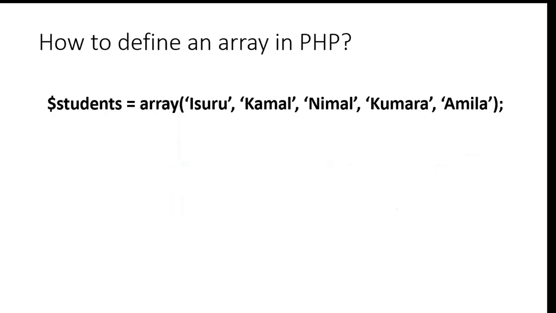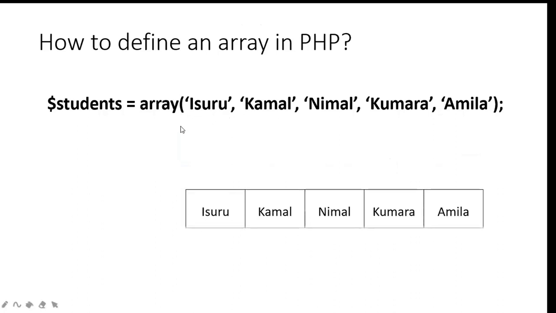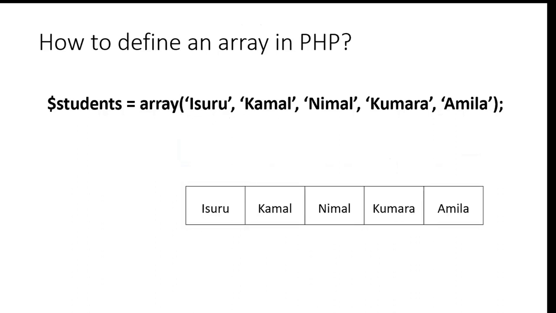So this is how I have explained to you earlier. This is how you define this array. Okay, it is comma separated values within brackets. So once you define an array like this, in your memory location, it will have these values and then it will have indexes to each of these values.